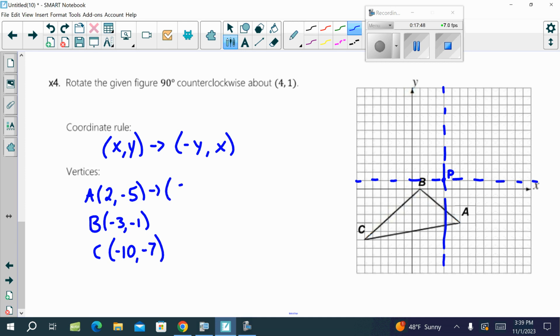So that would be 5, 2, 1, -3, and 7, -10. So if I graph those according to my new origin, I should get the same picture that you guys got on your patty paper. So 5, 2.